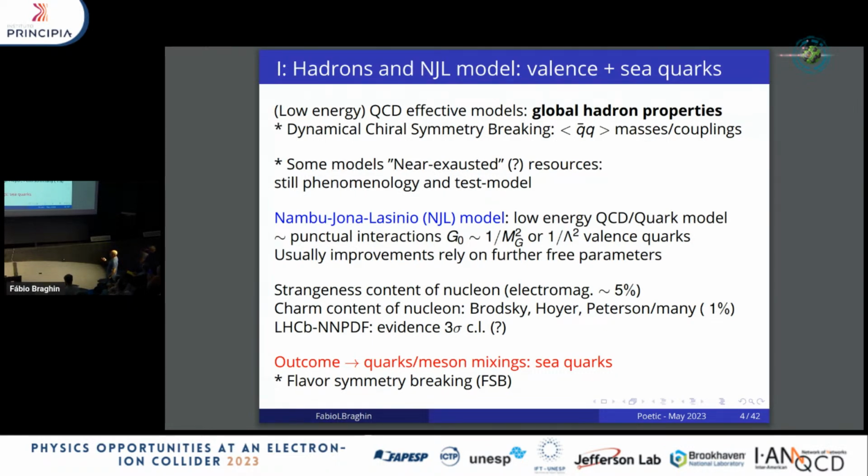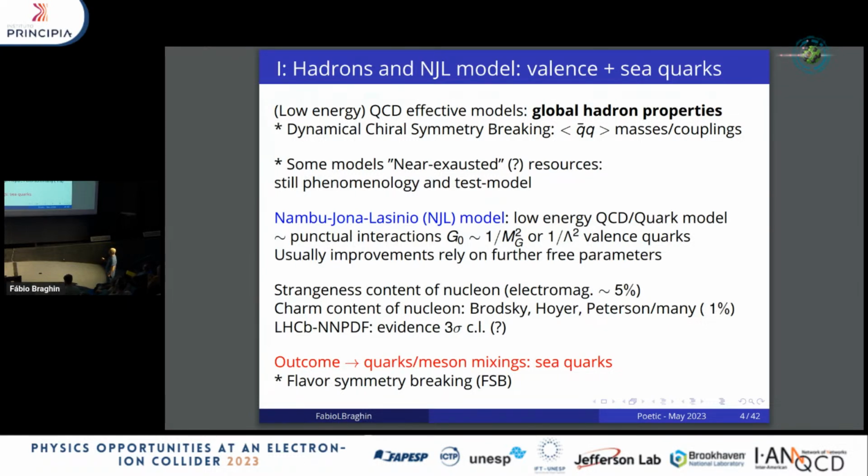When you talk about sea quarks, it's natural to think, as has been discussed in this workshop, about the different sea-quark content of, for example, the nucleon. The strangeness content of the nucleon is quite well established. If you take some electromagnetic properties, it can be of the order of 5%.